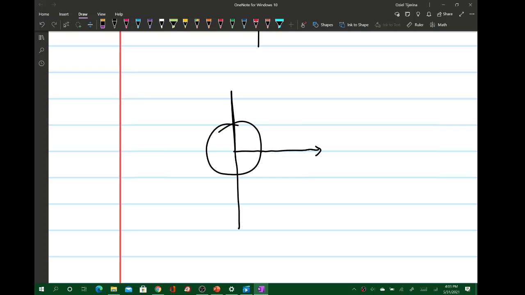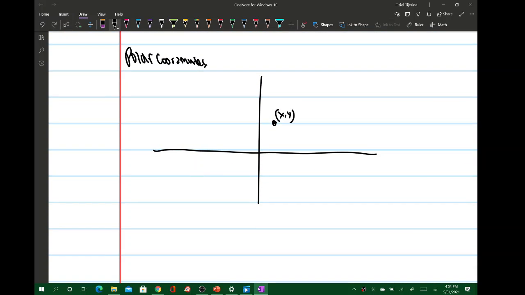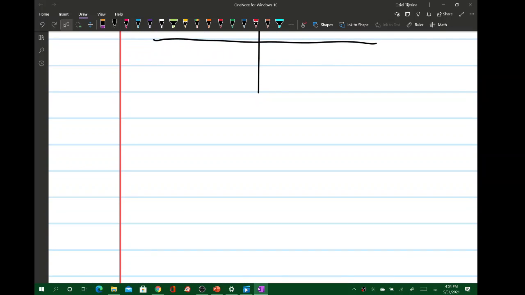Now, in this video, I just want to go over how we go from rectangular coordinates, in this xy form, to polar coordinates, because that's very important, especially when you get to, I want to say Cal 3, actually I'm wrong.